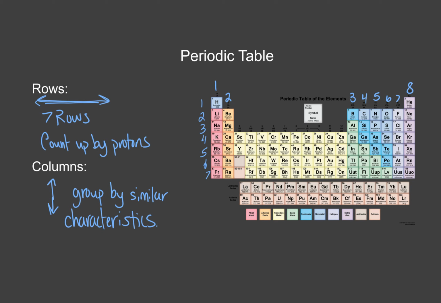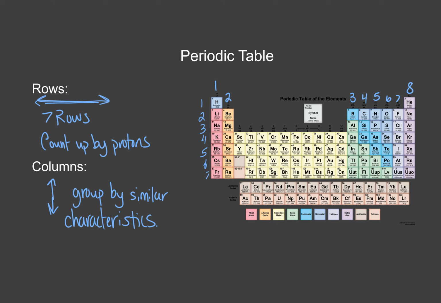So we can say that column 1, lithium, sodium, potassium, rubidium, cesium, and francium all have similar characteristics. They're all in the same column. And the reason why they have these similar characteristics is due to the electrons that they have in their outermost shell. And we'll look at that as a class a little bit later.